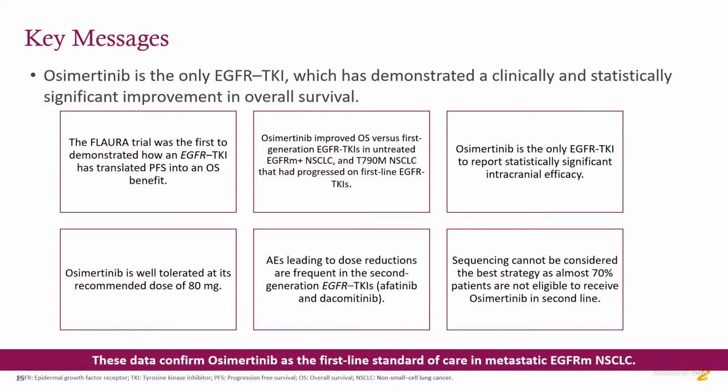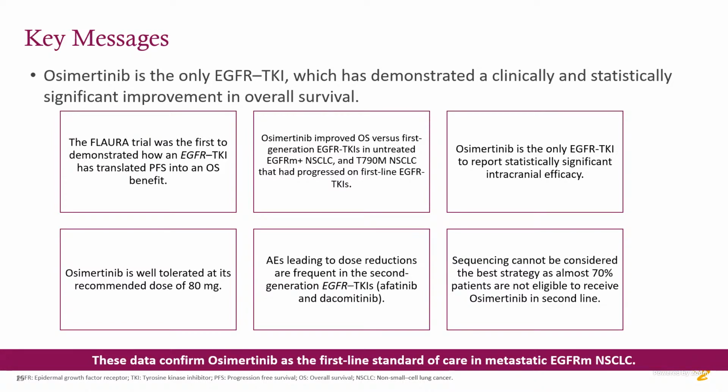Osimertinib is the only EGFR TKI to report statistically significant intracranial efficacy. In patients who had brain mets, it worked well, and when we did subsequent MRIs, they showed regression in the brain mets. And sequencing cannot be considered the best strategy because almost 70% of patients are not eligible to receive osimertinib in the second line, who would have benefited if we had used it in the first line.